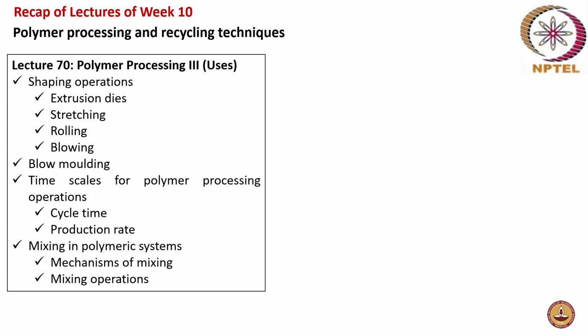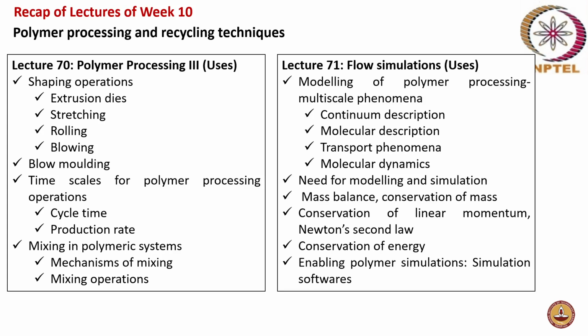So the cycle times involved are very short time scales. That is why you have a lot of production. That is why polymers have become ubiquitous, and you see polymers everywhere. Right, your cost of production is very low because so many pieces can be produced in seconds. Right, and mixing in polymeric systems was discussed.